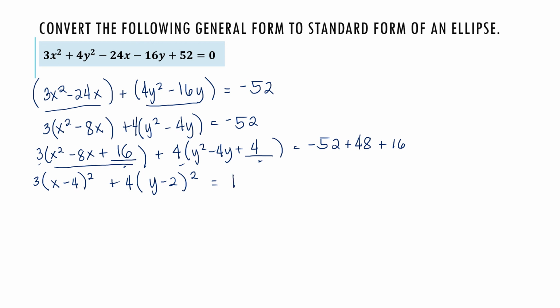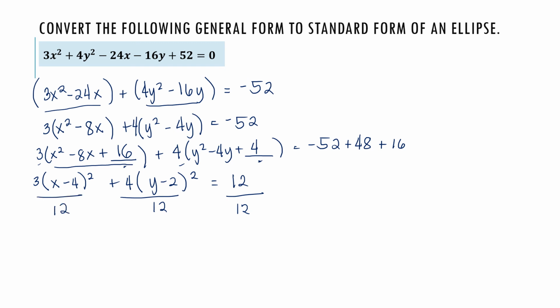Okay, 12. Yan. So again, kung natatandaan ninyo, standard form ay equal sa 1. So paano natin magiging equal to 1 yung ating right side? Okay, divide everything by 12.